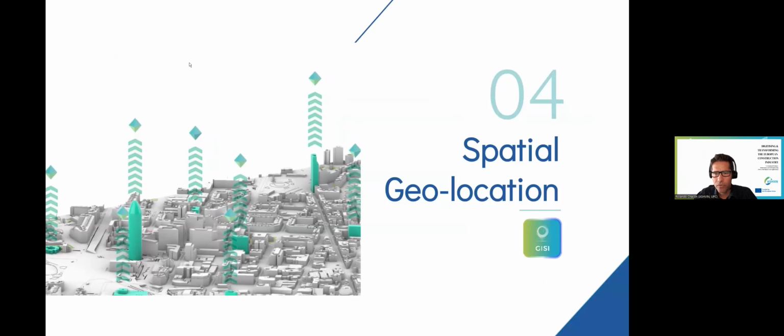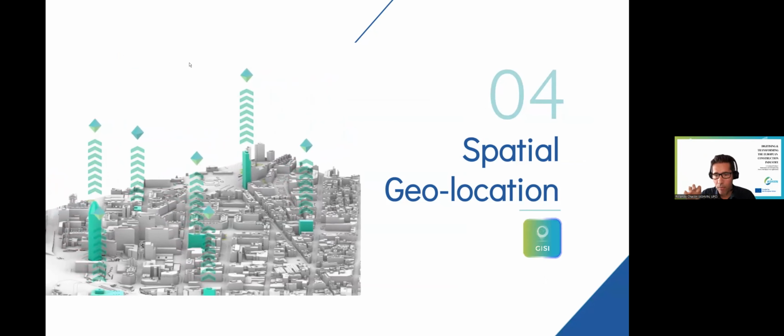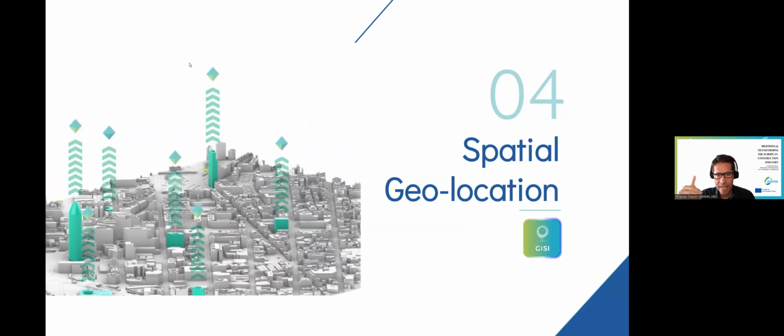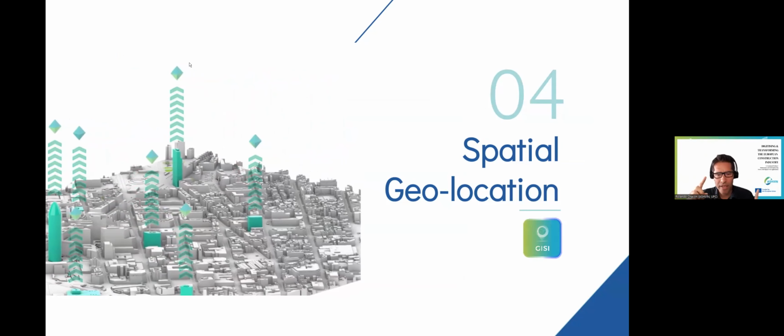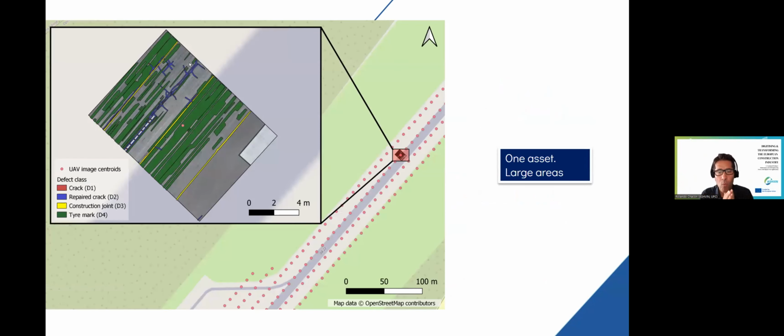And finally, the fourth step is the spatial geolocation. This is one of the tools called GC, which enables the connection between not only one asset but many assets. This specific slide relates to one asset that covers a large area, so every little part of the asset is also geolocated.